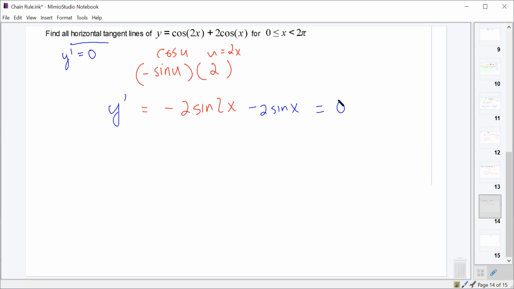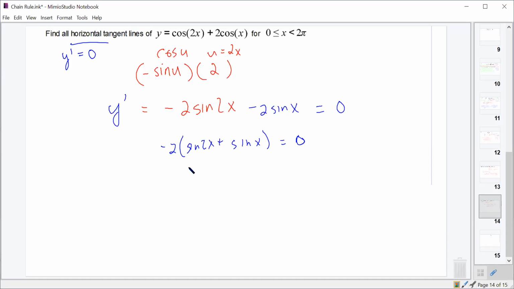Would we factor out a negative 2 first? Sure, let's do that. So this will give us negative 2 times sine 2x plus sine x equals 0. And in fact, since this is just equaling 0, we can just divide by the negative 2 and cancel it out. It's not going to be significant.